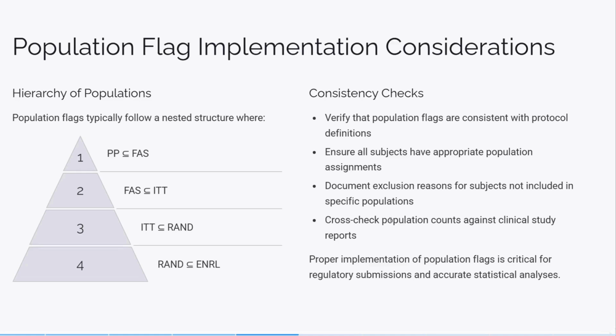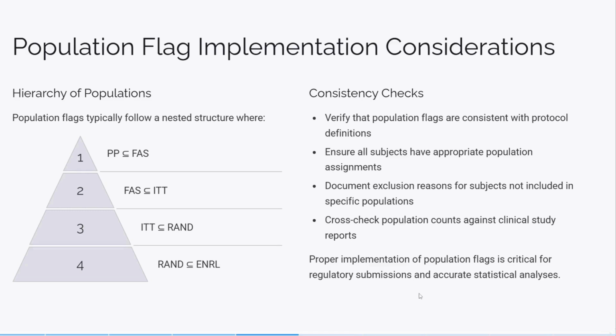Document exclusion reasons for subjects not included in specific populations. Cross-check population counts against the clinical study reports. The proper implementation of population flags is critical for regulatory submission and accurate statistical analysis. It's just a hierarchy; there is no particular significance to having this nested.